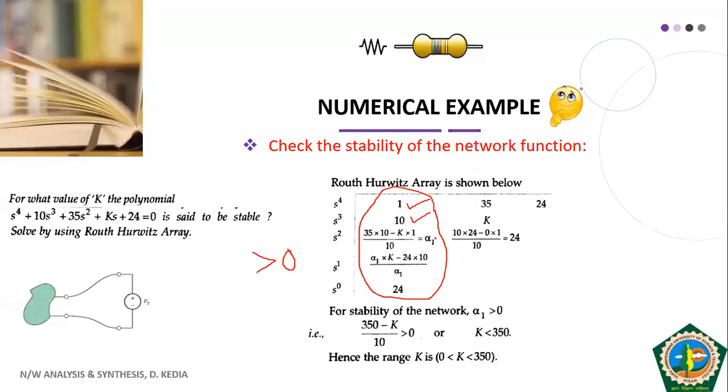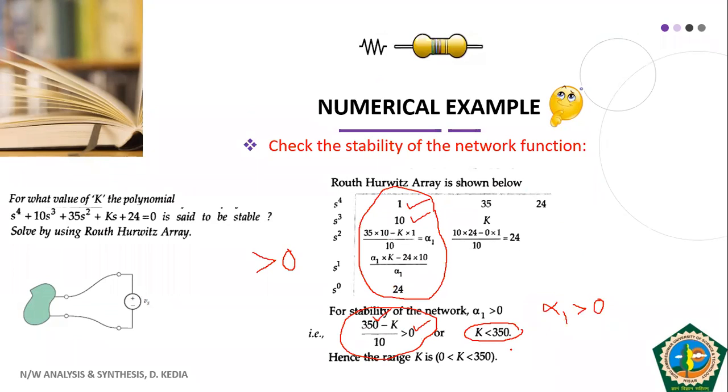Now we want this alpha 1 to be greater than 0. And what is alpha 1? 350 minus k by 10. This has to be greater than 0. And from this only we will determine the value of k. From here we can easily find out that k must be less than 350, so that alpha 1 is greater than 0. So this will ensure stability.